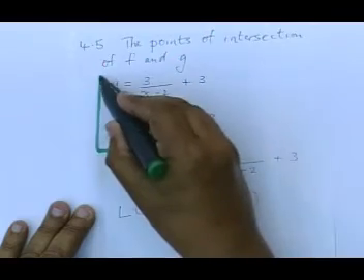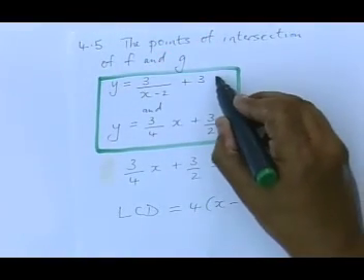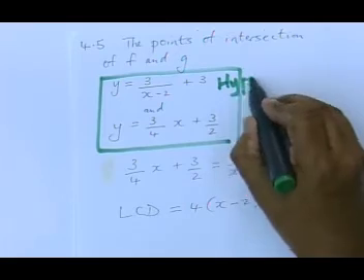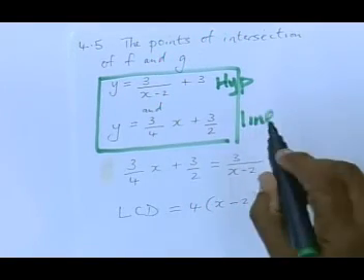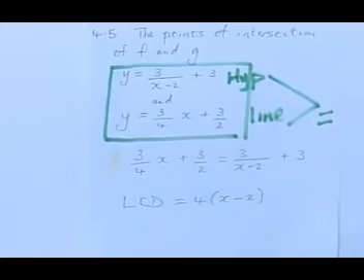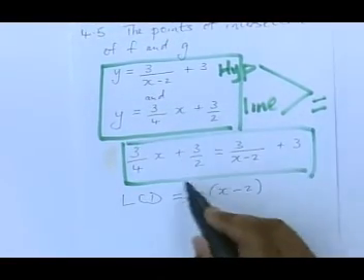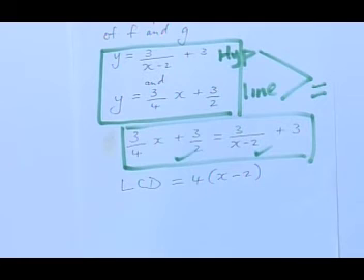But for those of us who do things the conventional way, we stick to the safe method. These two equations were given to us, or we worked them out along the way. The hyperbola and the line. And those two must be equal to each other. So if they are equal, then it means that I can equate them in the equation.